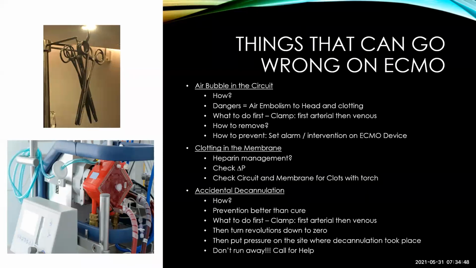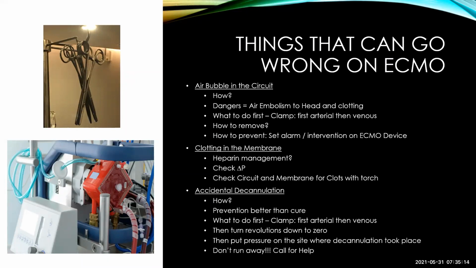So what are you going to do? You have to have your clamps readily available. Make sure that no one leaves the patient alone for a specific period of time, especially when they're awake and moving around. And then you're first going to clamp your red line or your arterial return line. You're going to clamp your blue line or your venous line that's pulling the blood out of the patient.